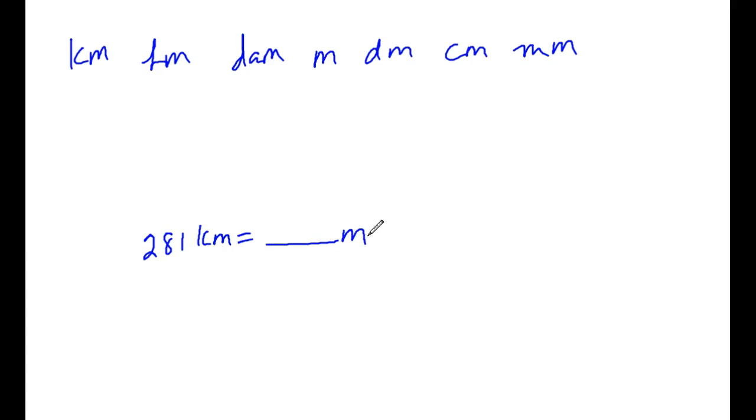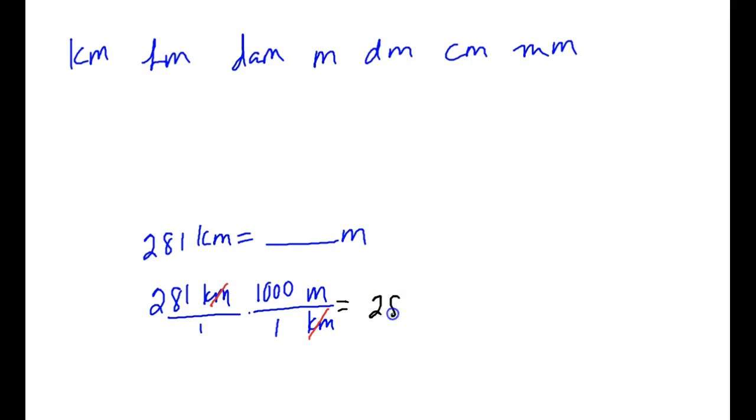You can convert using the unit analysis method. One kilometer is 1,000 meters. There's my conversion factor. I'm going to cross cancel. I'm going to multiply 281 times 1,000.